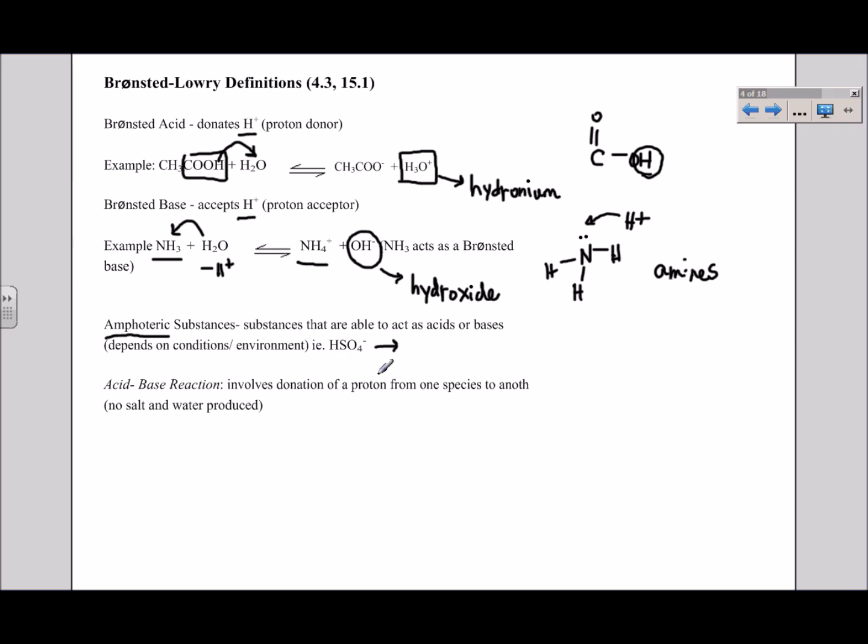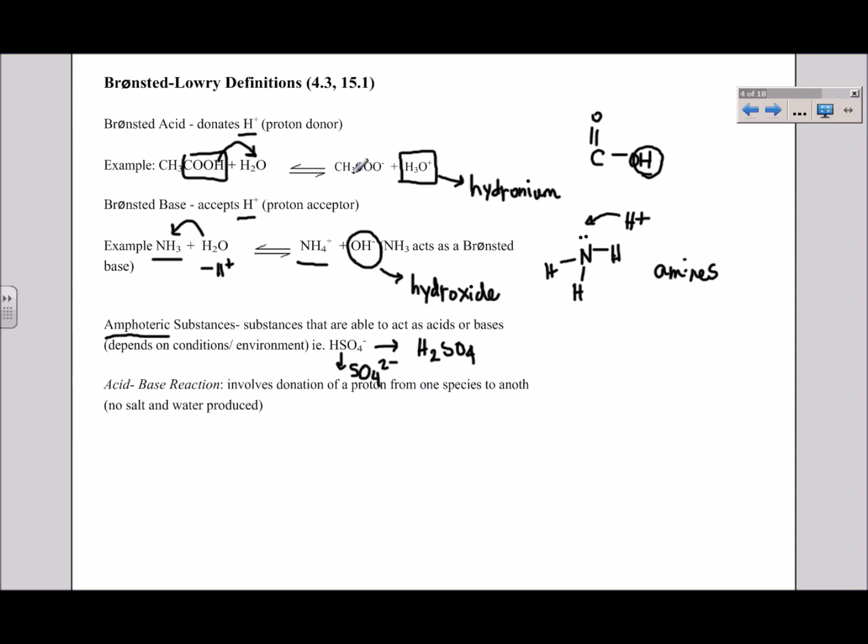If you look at HSO4-, it has the ability to accept a proton to form H2SO4, which is sulfuric acid, and perhaps a familiar compound to you. Or if it loses a proton, it will form a sulfate ion in solution. And both of these are potential molecules, and therefore HSO4- has the ability to act as either. And amphoteric substances will just behave depending on what else is in solution. So if there's something that's a stronger acid in the solution, they'll just be forced to be the base, and vice versa.